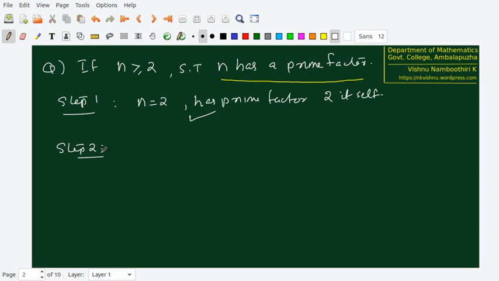In the usual ordinary mathematical induction, which is the weak mathematical induction, the method of proving that something is true is the following. We prove that whatever we are claiming is true for an initial element. Then we assume that the statement is true for some intermediate element, say for n equal to k.